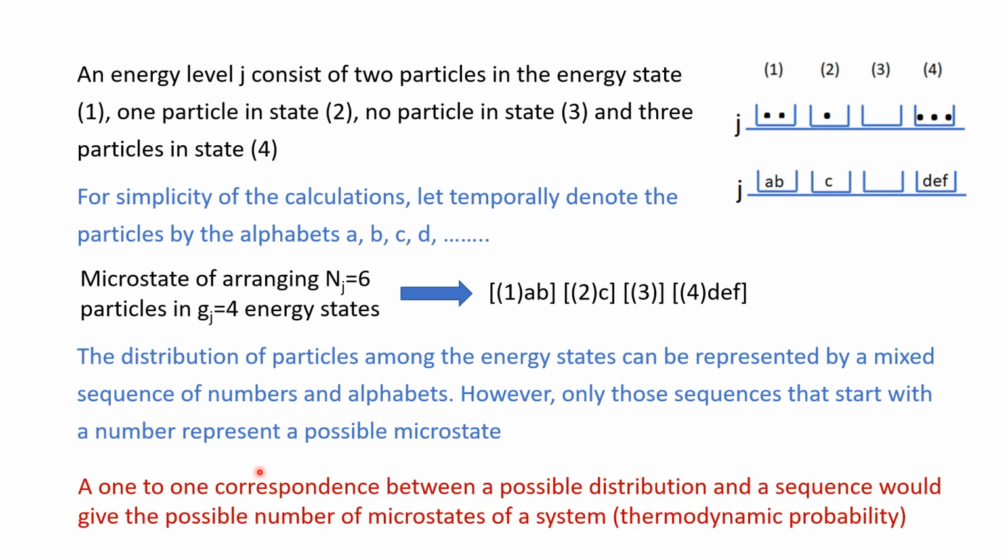So a one-to-one correspondence between a possible distribution and a sequence would give the possible number of microstates of a system. That is the thermodynamic probability. So if we associate each sequence with a particular microstate, counting those sequences means counting the number of microstates associated with a particular distribution.